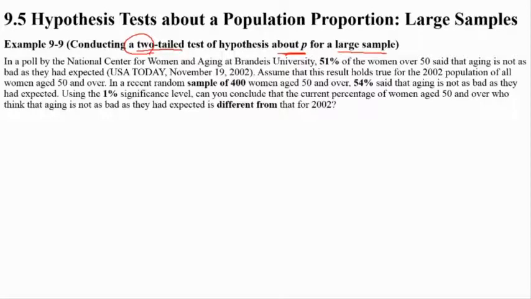Here, a university study says 51% of women over 50 think aging is not as bad as they expected. So this one is about population proportion, with a 2002 population. Let me repeat it again. Women aged 50 and over.